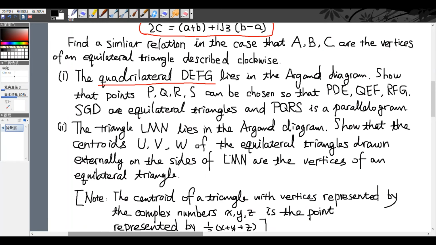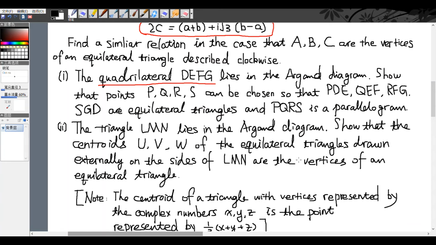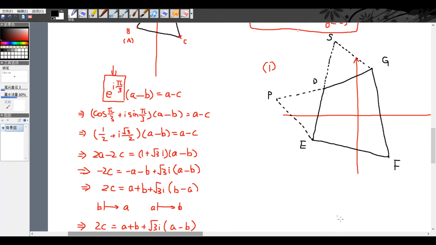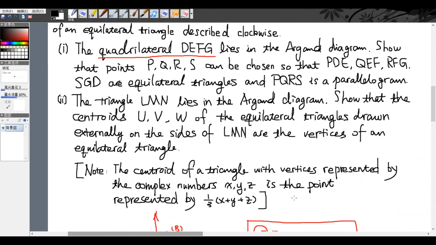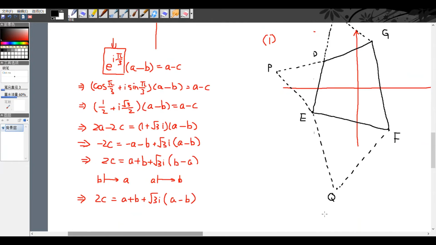And we have PDE, and QEF, maybe Q is here, and RFG.